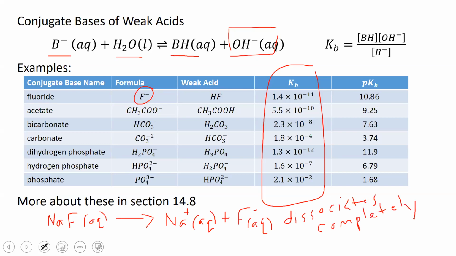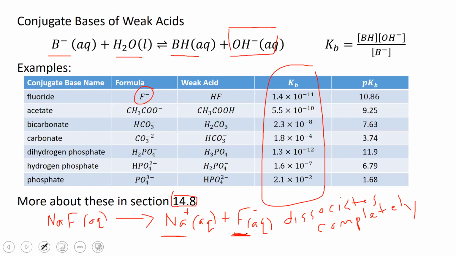Now, another thing about this, and something we'll look into more, is the effect of pH from ions themselves. This is where we're going to explore this more when we get to 14.8. We're going to ask, how do these ions differ in how they affect the pH of a solution?